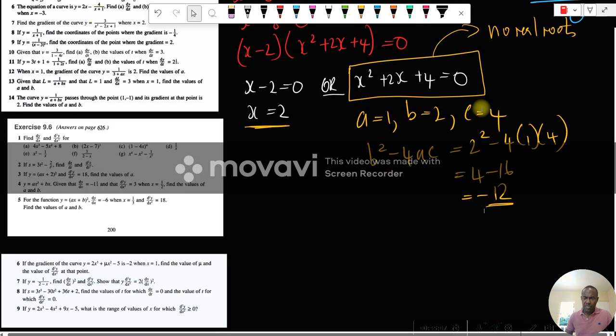Who can tell me that? Since the discriminant is negative, what does that say about the quadratic? It only has one factor. No, no, listen to my question carefully. Since the discriminant of the quadratic is negative, what does that say about the quadratic itself?